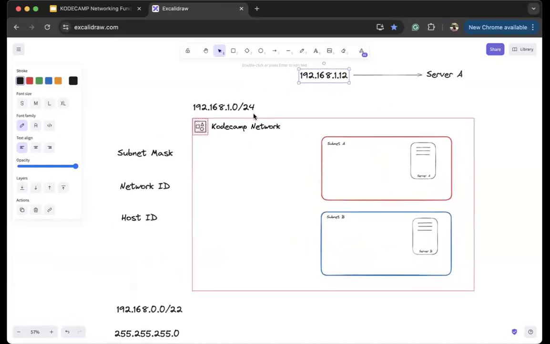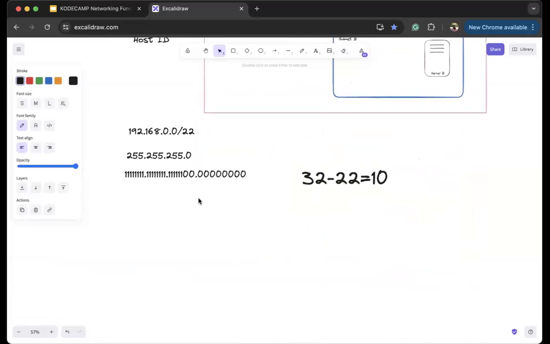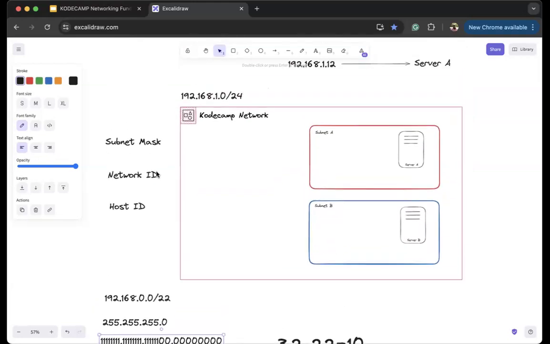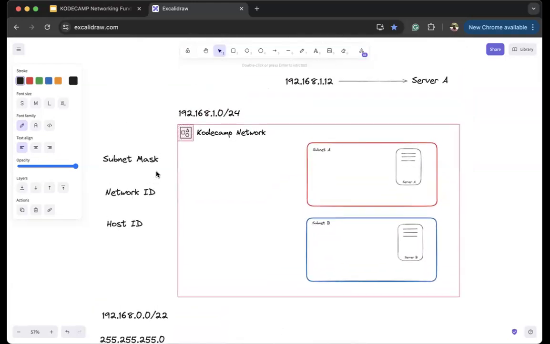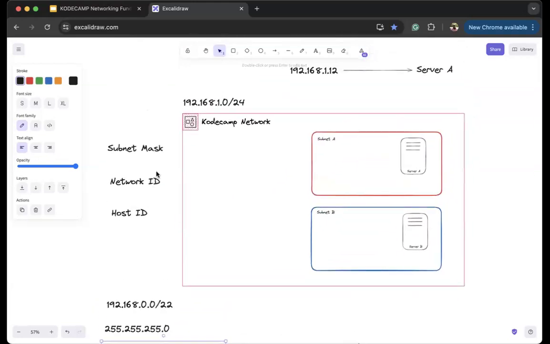What divides this IP into the network ID and the host ID is your subnet mask, which is basically ones and zeros. Your continuous ones will show you the network ID portion of your network address.